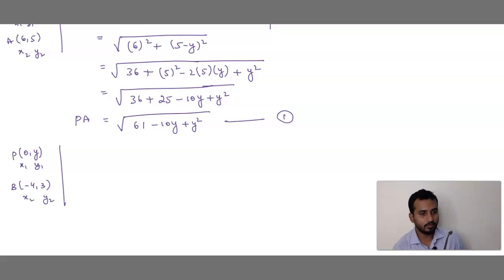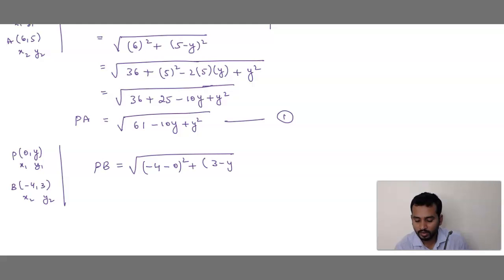Again, we can apply the same formula, right? So PB, the distance from P to B, is equal to root of x2 minus x1, 0, whole square plus y2, 3, minus y1, y, whole square. Got it? Got the steps?